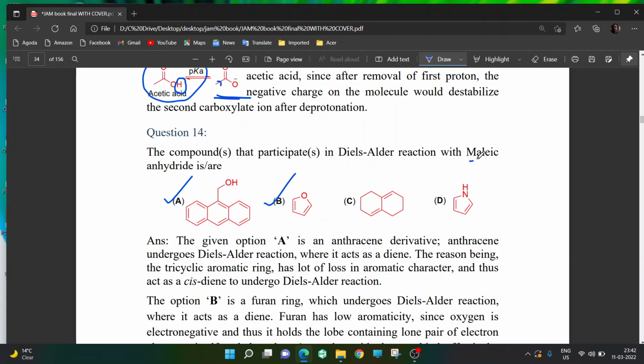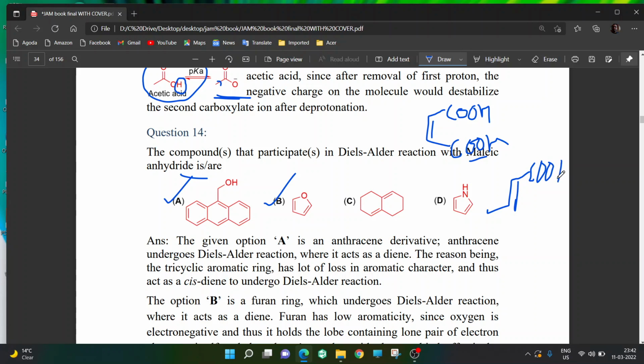And one more thing, what is maleic anhydride? You should know what is maleic acid and what is fumaric acid. They both are carboxylic acids, and this is your maleic acid, a cis dicarboxylic acid, and fumaric acid is the geometrical isomer of it, and this is fumaric acid, a trans dicarboxylic acid.